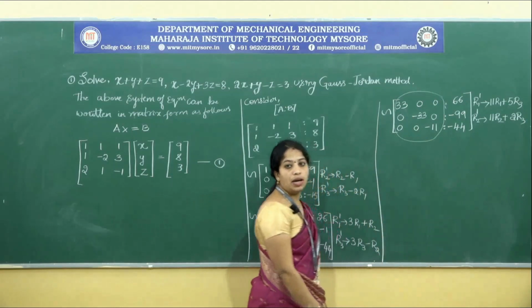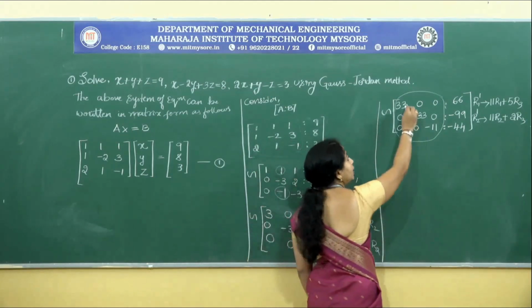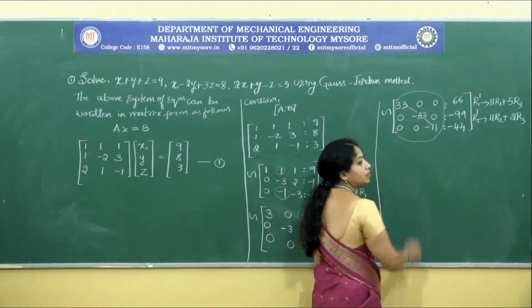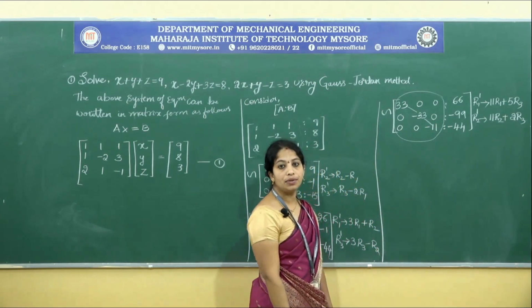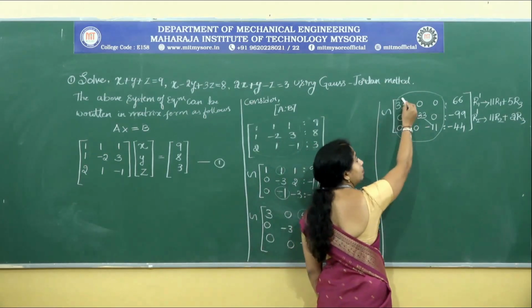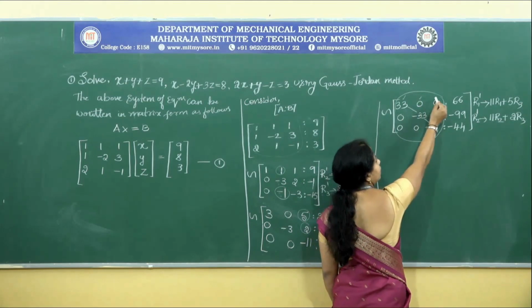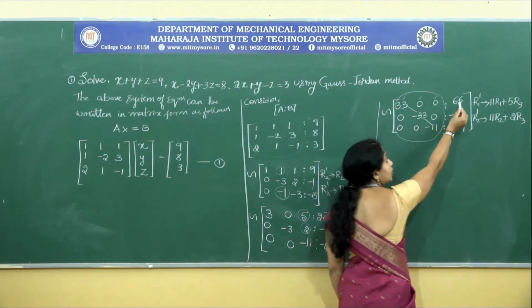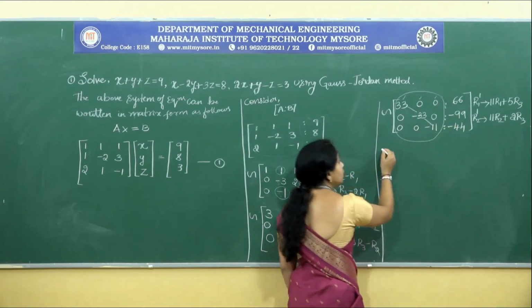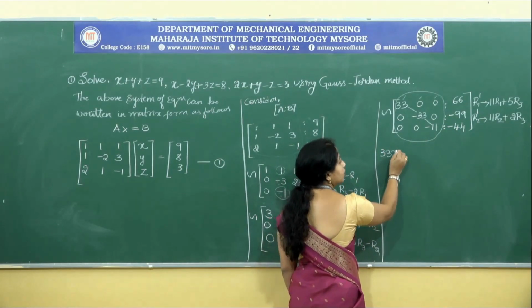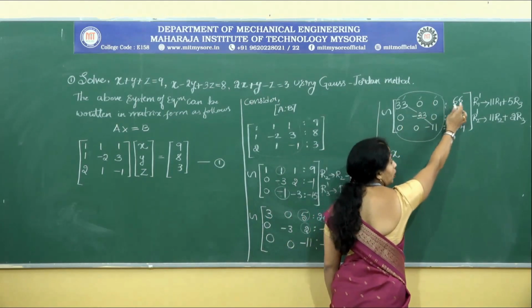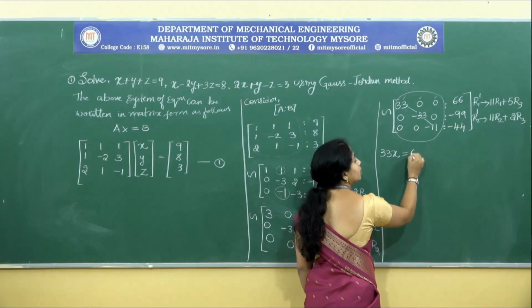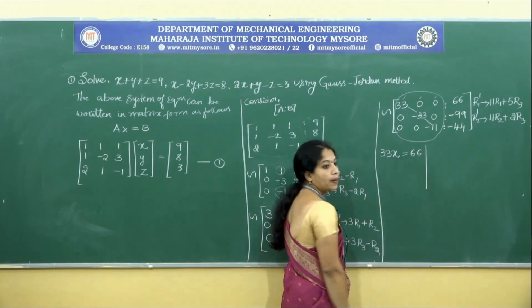We have reduced the coefficient matrix into the diagonal matrix. Now to write the solution, multiply the first element by x, second by y, the third element by z, equate that to the constant matrix. You will get 33x, the remaining terms are 0, equating to the constant matrix, you will get 66.